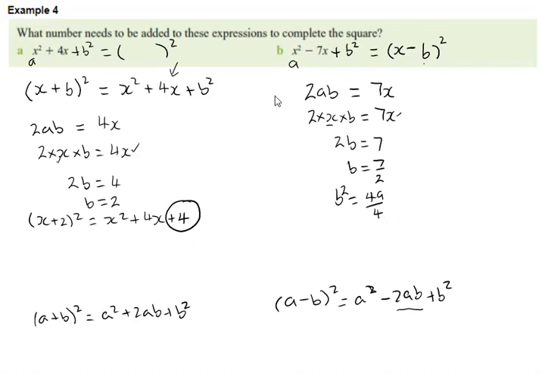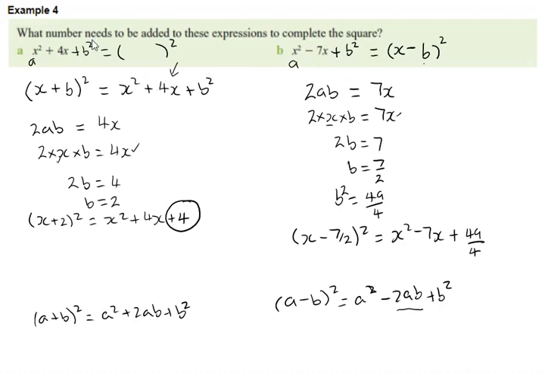Okay, so my perfect square expression will look like this. (x minus 7 on 2) squared equals x squared minus 7x plus 49 on 4.